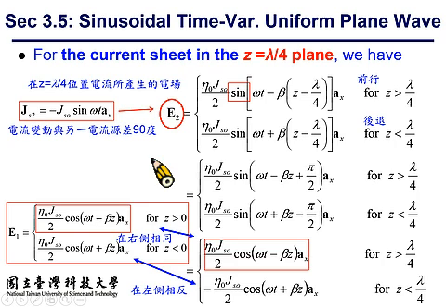Because the position of J_S2 is at z equal to lambda over 4, the other component is for z smaller than lambda over 4, right?